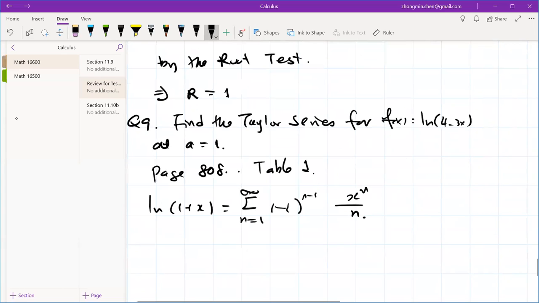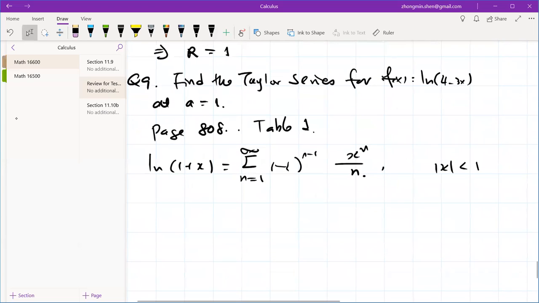And the radius of convergence is 1, so it's convergent when absolute x is less than 1. Okay. So this is a known fact. You don't need to prove it.